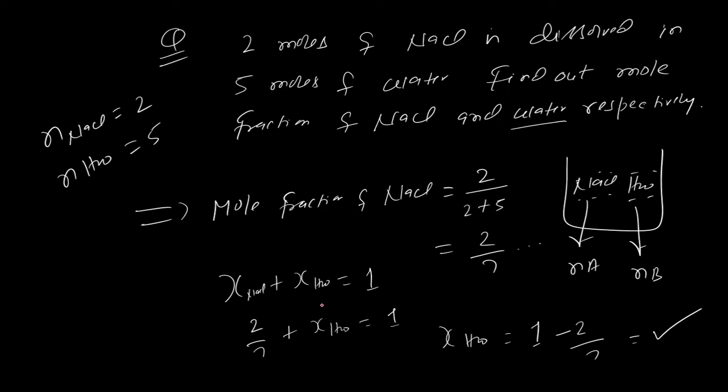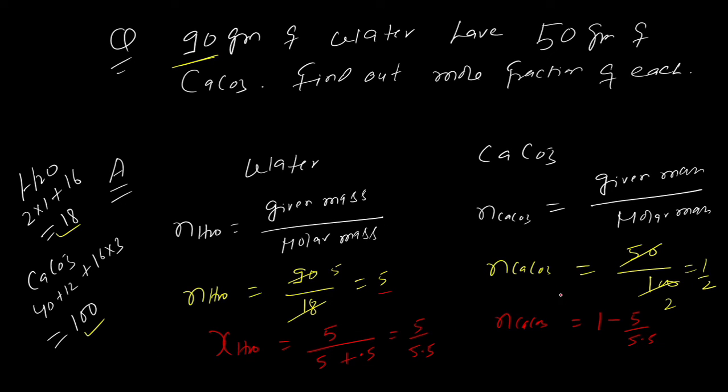So the other you can find by subtracting the mole fraction of one component from 1. In this case, as you know the mole fraction of water, subtract this value from 1. So we will get the answer.